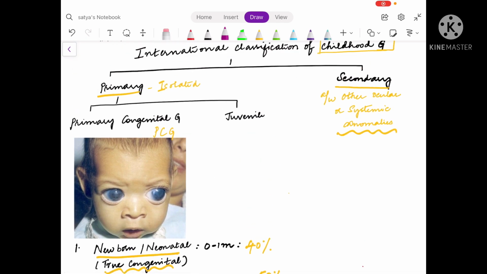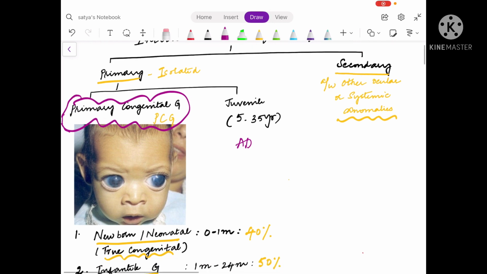Now juvenile cases, the age of presentation here is between 5 and 35 years, and the mode of inheritance here is autosomal dominant. So even the juvenile cases are less common. Primary congenital glaucoma cases are more common. So we are interested in primary congenital glaucomas here, which I am going to discuss in detail.